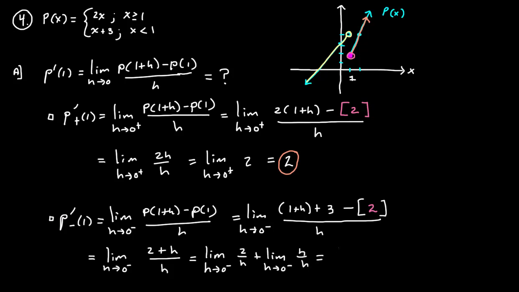Now to get to the important part, I'm just going to rewrite this. The limit as h approaches 0 from the left of 2 over h plus the limit as h approaches 0 from the left of 1. So we know for a fact that this part is going to equal 1, but this portion here is not defined. That limit is negative infinity, and the negative infinity is not important. What is important is the fact that this limit does not exist.